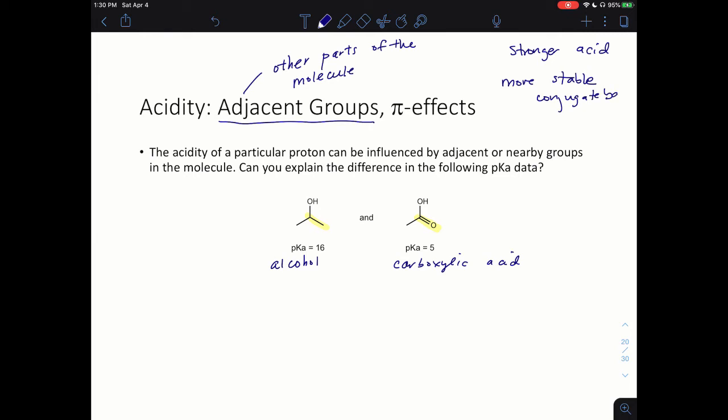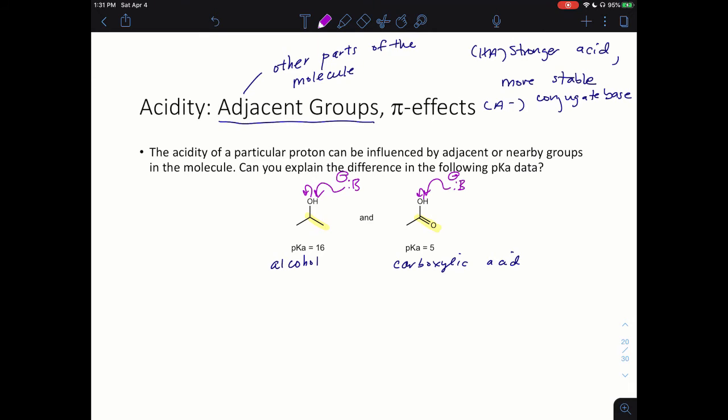So when we evaluate acidity, we really need to consider the conjugate base. Let's imagine some strong base, B minus, deprotonating both of these species. We'll go ahead and draw out their conjugate bases.